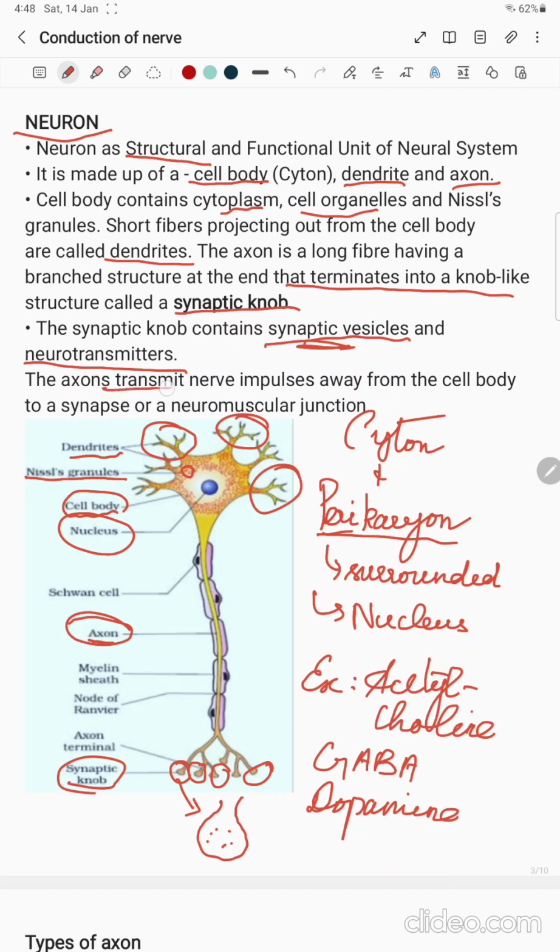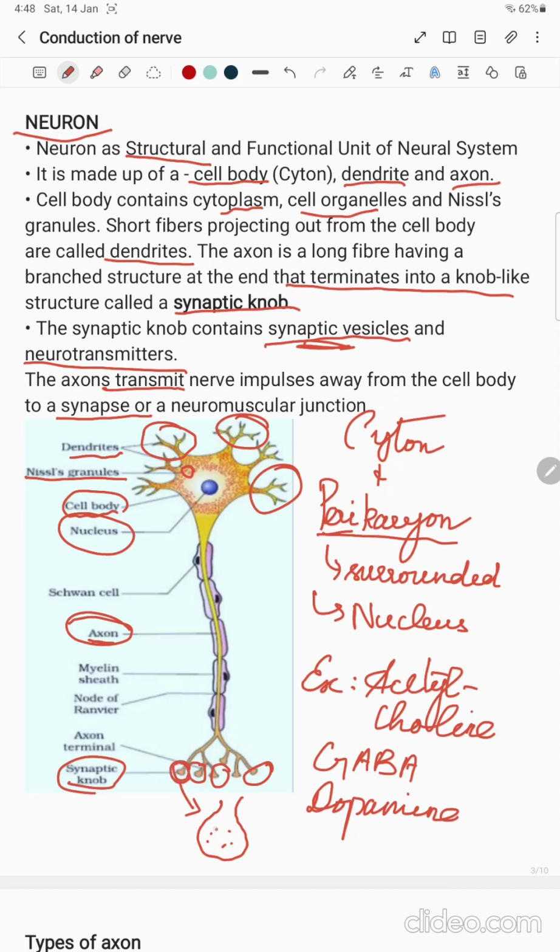The axon transmits nerve impulses away from the cell body. This is the cell body, and here the long portion of the axon is connected with the cell body. It is conducting nerve impulses away from the cell body to the synaptic knob.